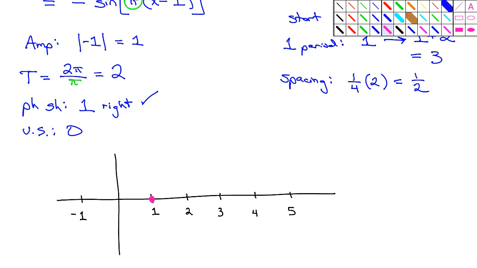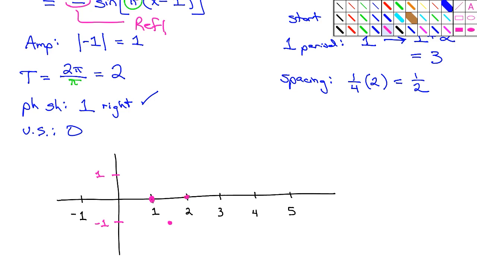Now, normally, we would go up to the maximum, but because we have the negative in front, you can still barely see on the screen here, that means we have a reflection. So we have to go down to the minimum, and it's going to be a minimum of -1.